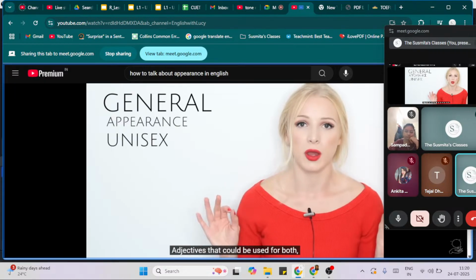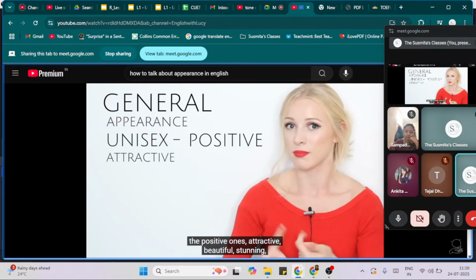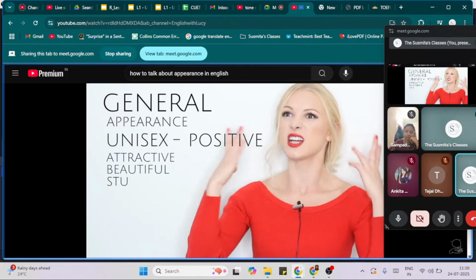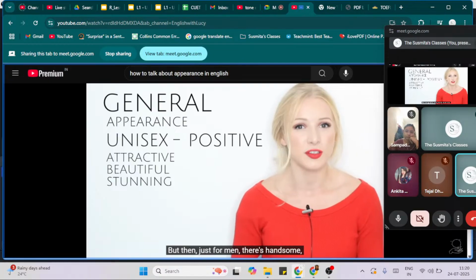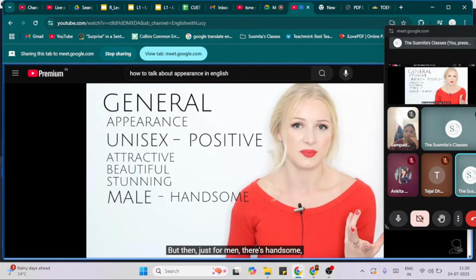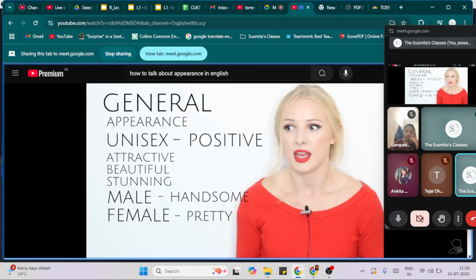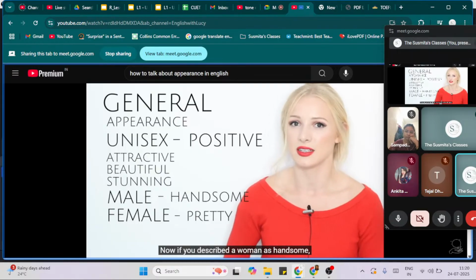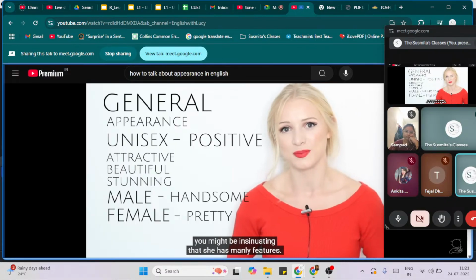Adjectives that can be used for both: the positive ones, attractive, beautiful, stunning, which means somebody is just amazingly beautiful. But then just for men, there's handsome, and just for women, there is pretty. Now, if you described a woman as handsome, you might be insinuating that she has manly features.